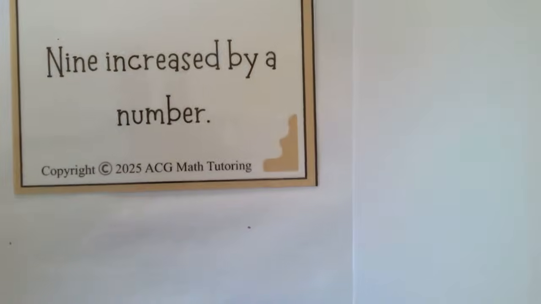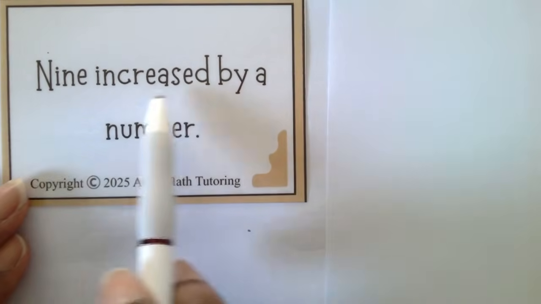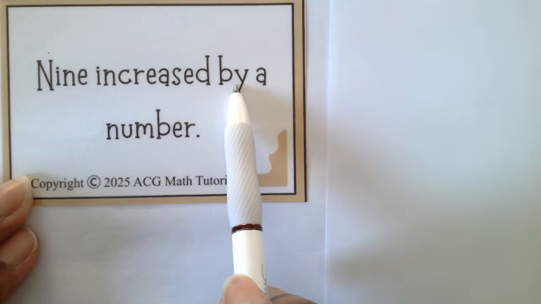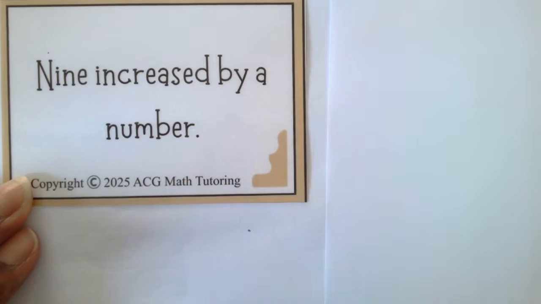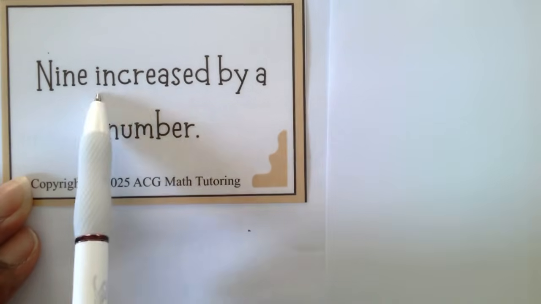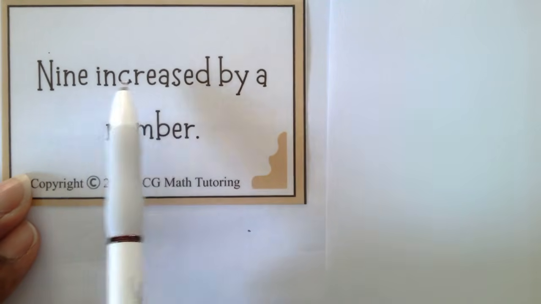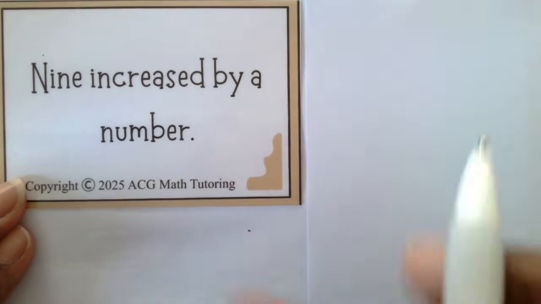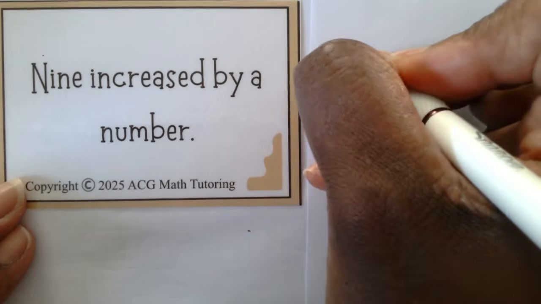Let's take a look. All right, so we're saying 9 increased by a number. So increase by is actually an operation. If I'm increasing, I'm adding to something. So increase by means addition. So my 9 is increased by a number. So in actuality, it really should be 9 plus a number.